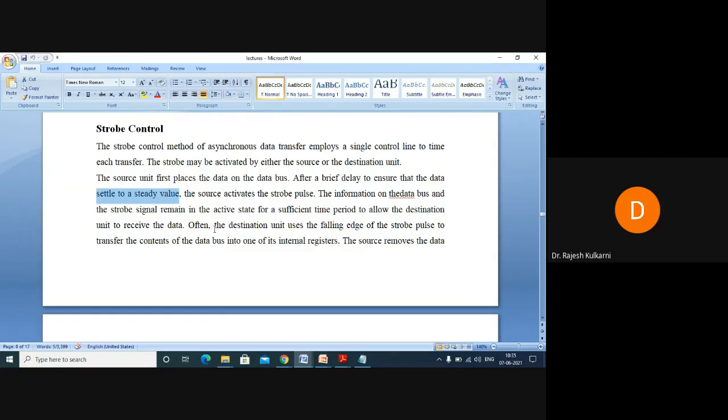After that, the strobe pulse will be activated. The data and the strobe pulse both remain in active state for a time so that the destination unit receives the data.